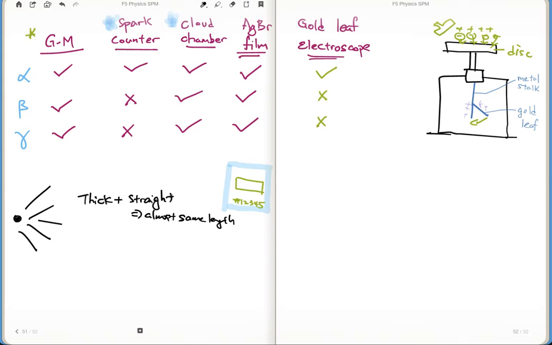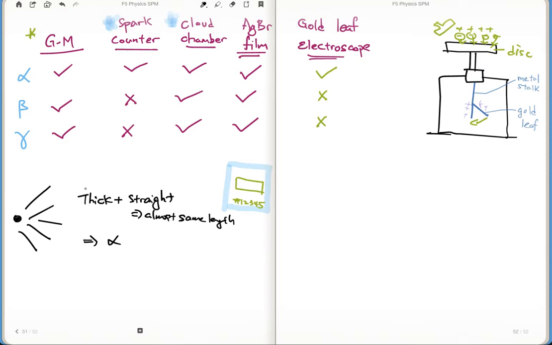So that's actually an alpha particle. Thick means you have strong ionizing effect. Straight line means you have greater mass, not easily deflected, because of the great mass. Almost the same length means an equal amount of energy.